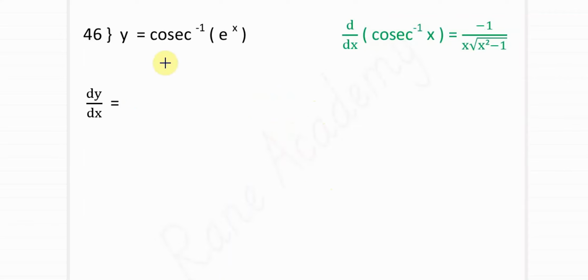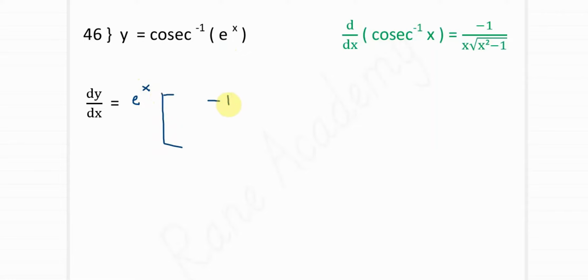Y is equal to cosec inverse of e raised to x. So the derivative of cosec inverse x is minus 1 upon x under root of x square minus 1. So derivative of e raised to x is e raised to x. E raised to x will remain as it is. So the answer is e raised to x as it is. And instead of x, what do we have? E raised to x.